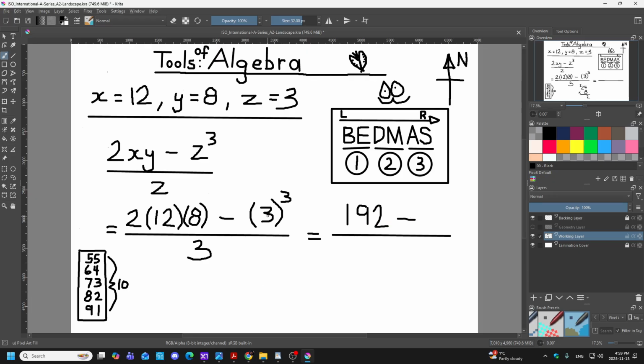Subtract 3 cubed, which is 3 times 3 times 3. 3 times 3 is 9. 9 times 3 is 27. And that's all divided by 3. Let's do our subtraction. 27.